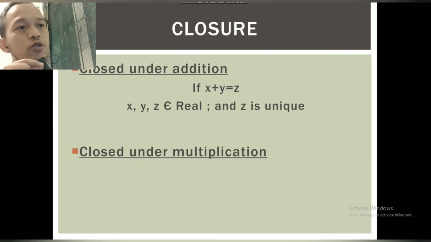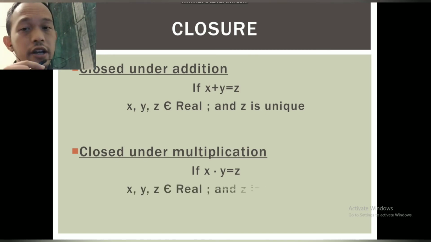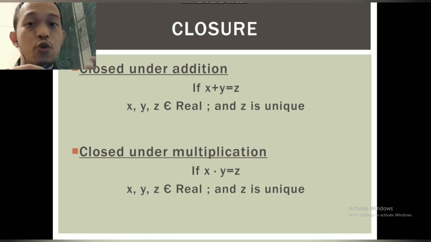The same goes for closure under multiplication. If x times y equals z, and x and y are real numbers, then z, the product, must also be a real number. And z is unique, meaning there is no other alternative.